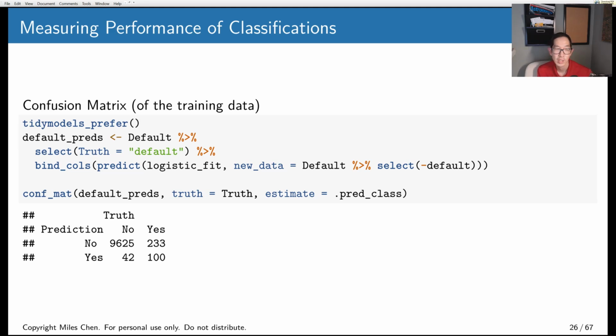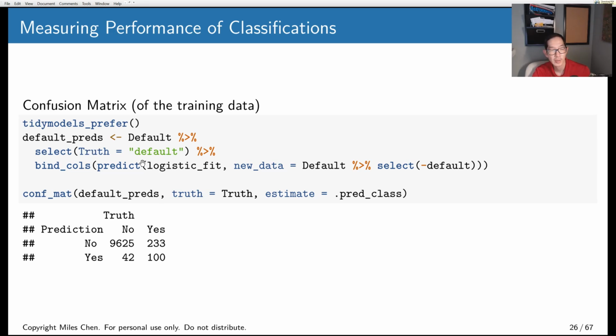To do this, we take the entire data set, default, and select just the column of whether they defaulted. We're going to call that the truth column.